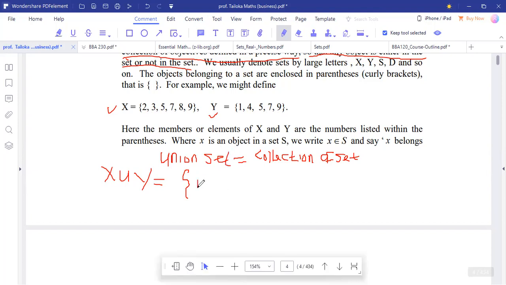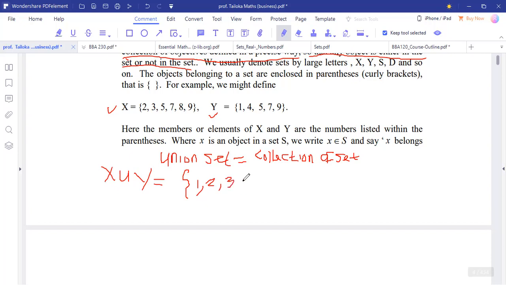So it will be 1, 2, that will be a union set, 1, 2, 3, then 4. What is important here is to understand the concept. And then 5, and then comma, there's no 6 there, so don't force matters. Don't put a 6 when the 6 is not there. You just look at what is there among the items that are given.